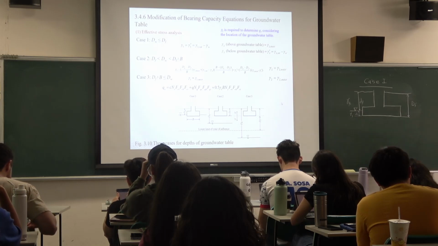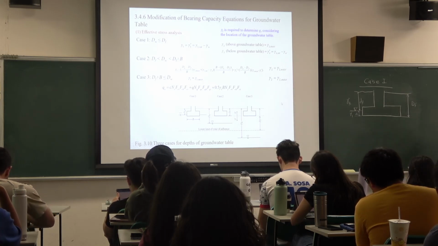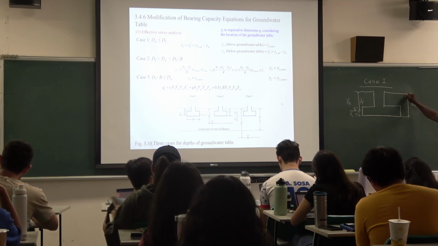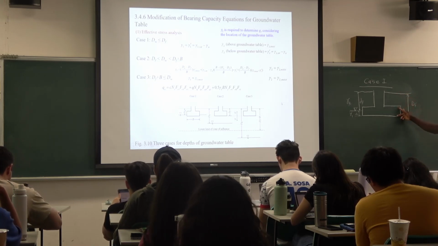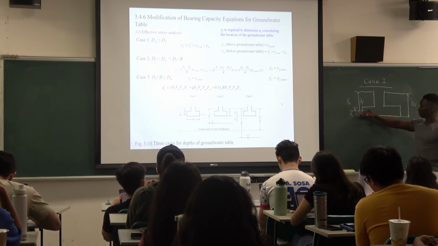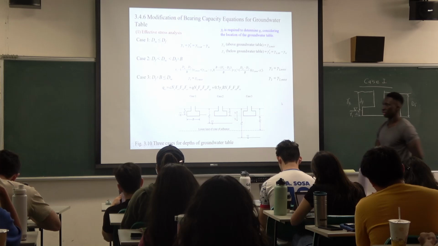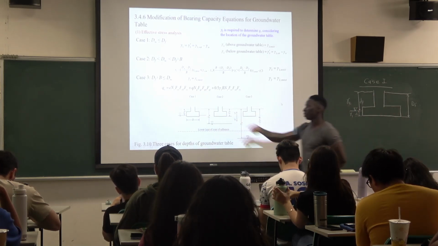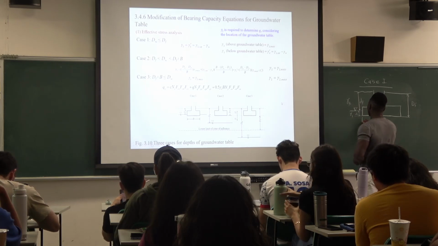Typically for case 1, you will have a problem like this. This is the ground level, and then you have the foundation base, but the groundwater level is a little bit above the base of the foundation, so you can see it here. That is what they are trying to describe in this figure, figure number 1.